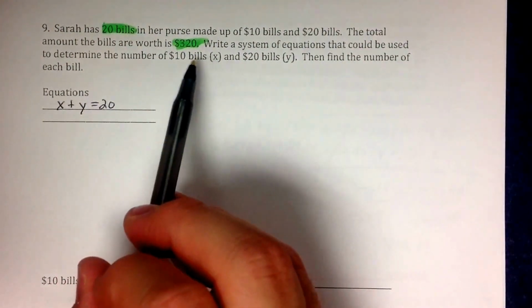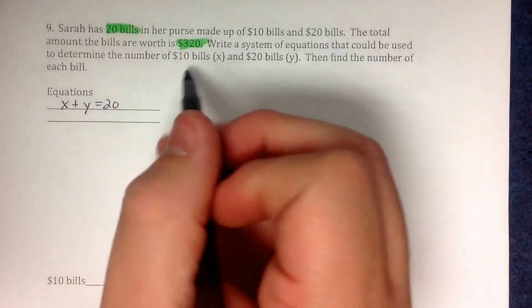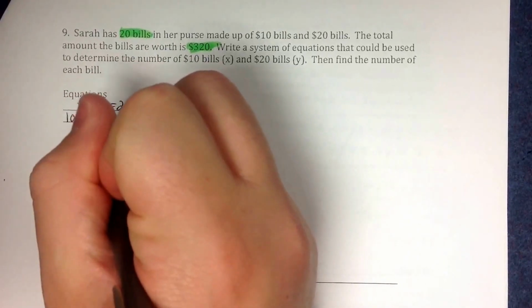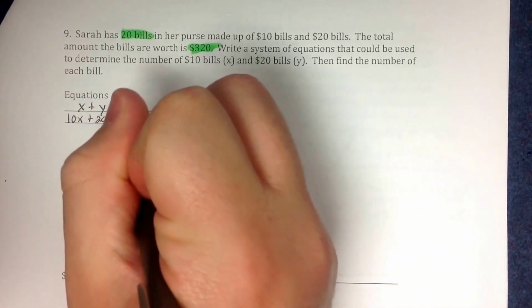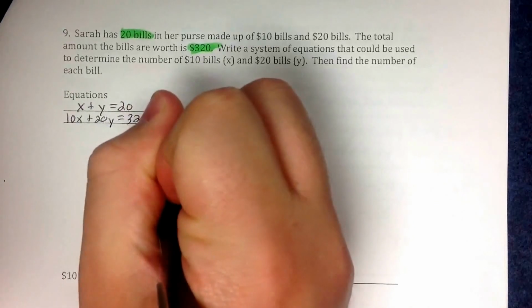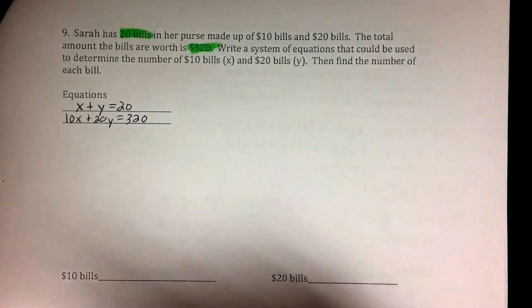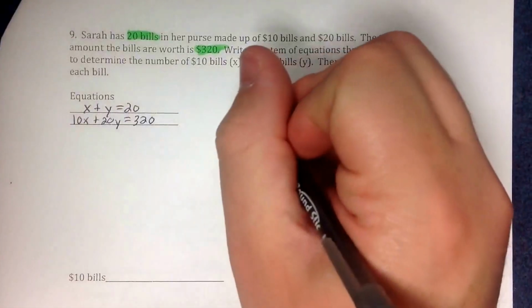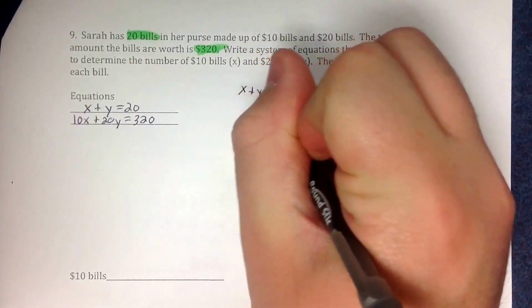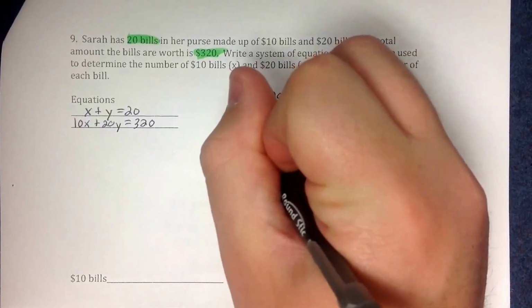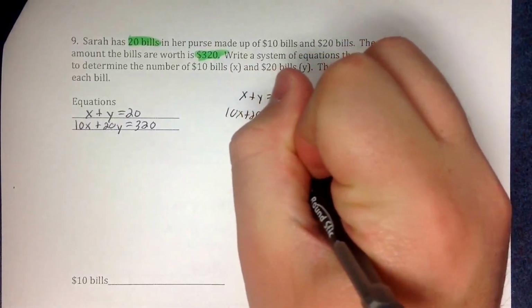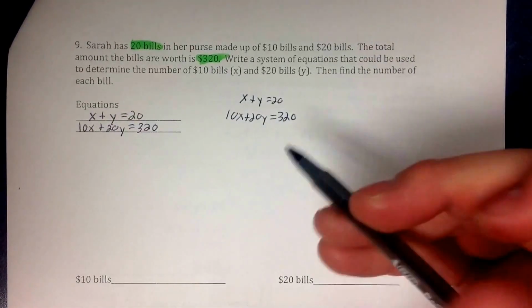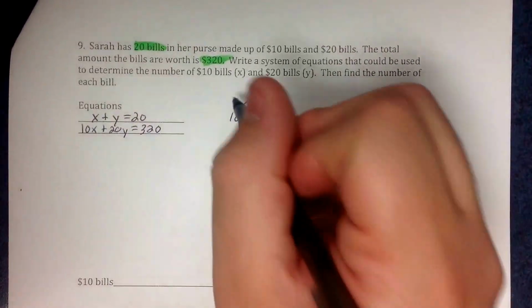Then my next equation is going to factor in the cost. So we got $10 bills, so we got 10x plus $20 bills, so 20y equals 320. Again, same concept as the nickels and dimes and quarters and dimes. So now if I rewrite this, I got x plus y equals 20, 10x plus 20y equals 320. Again, nothing would cancel here, so I've got to multiply.